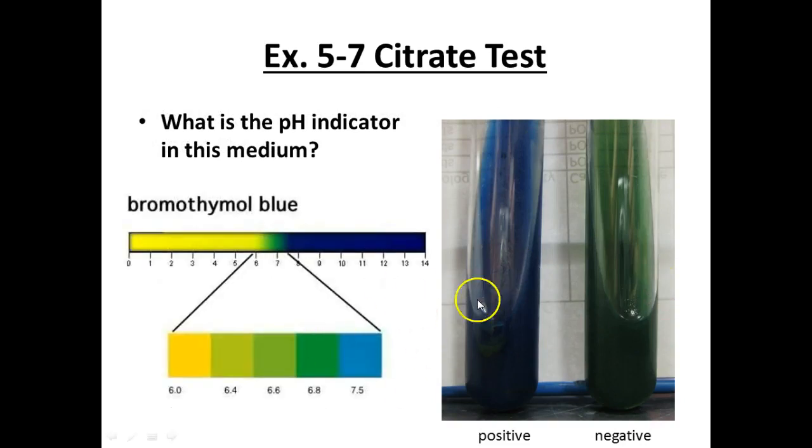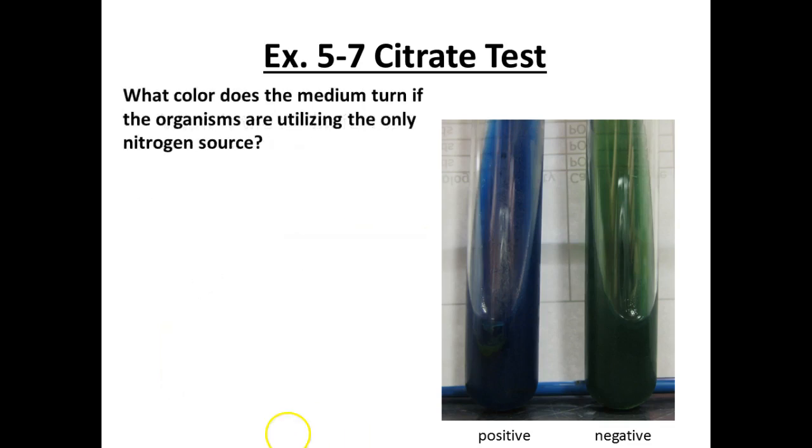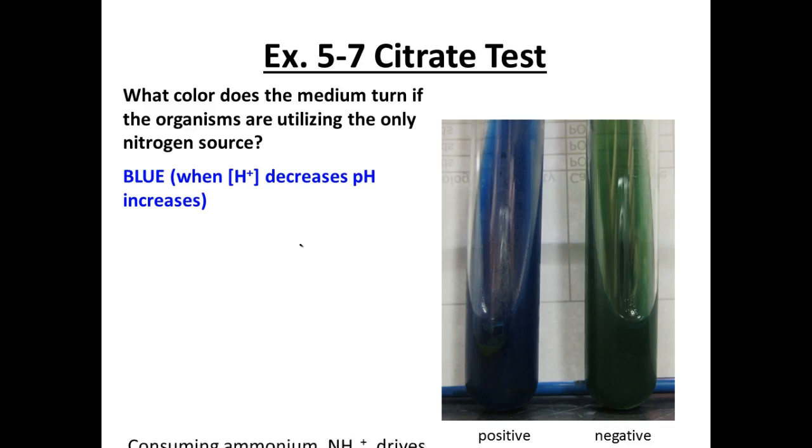So in this case, it's going to go into the basic range, so it turns that really pretty blue. Where the media starts out in more of a neutral range, a little acidic even, in that green color range. So what color does the media turn if the organisms are utilizing the only nitrogen source? It turns blue, right? pH increases.